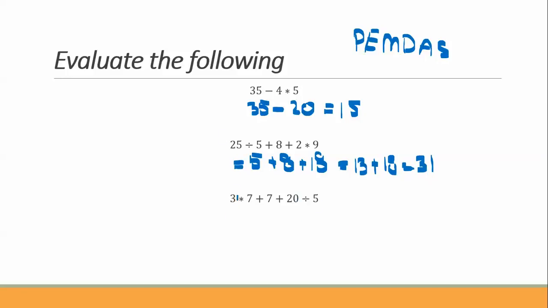Multiplication and division first, so we have 21 plus 7 plus 20 divided by 5 is 4. Now we can do all our addition. So that's 28 plus 4, which is 32. Don't skip steps on these because you're going to end up making mistakes. It's better to have more steps than less.